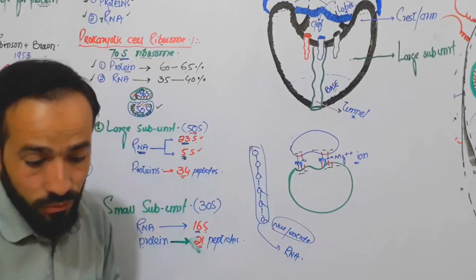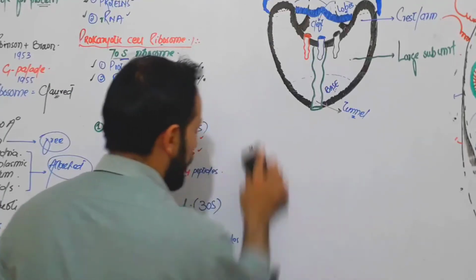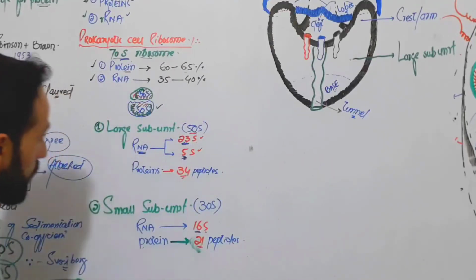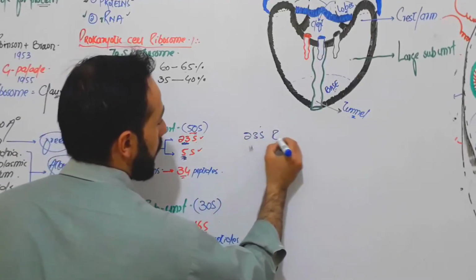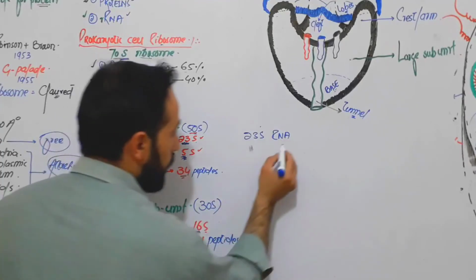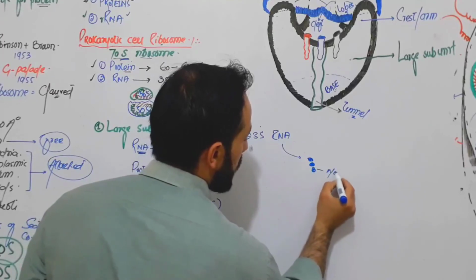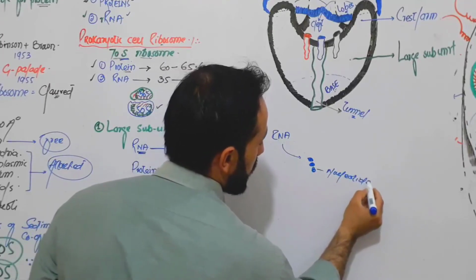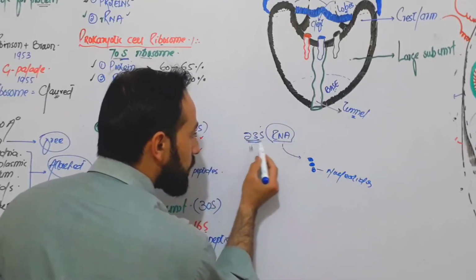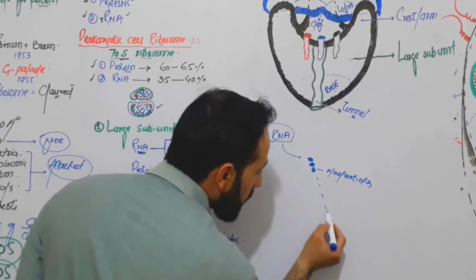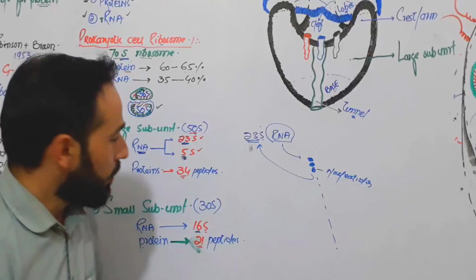Now, I want to give you more and more knowledge. I don't want to hide anything from you guys. Look carefully once again. If we have 23S RNA, you know that RNA is made up of small subunits called nucleotides. In this 23S RNA, how many nucleotides are combined to make it?